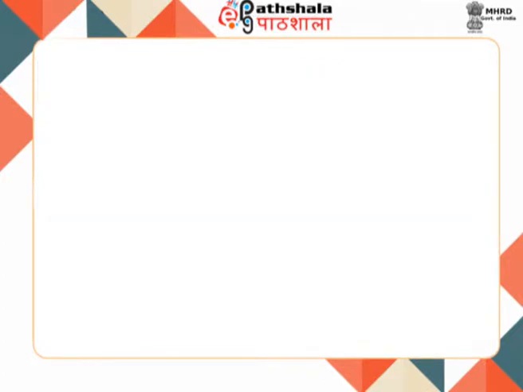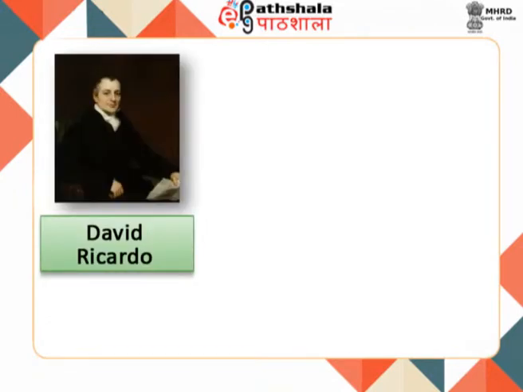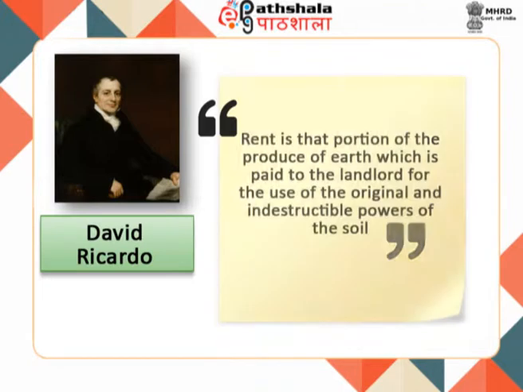The classical theory of land rent by David Ricardo. The classical theory of rent was first defined and explained by David Ricardo. According to him, rent is that portion of the produce of earth which is paid to the landlord for the use of the original and indestructible powers of the soil.